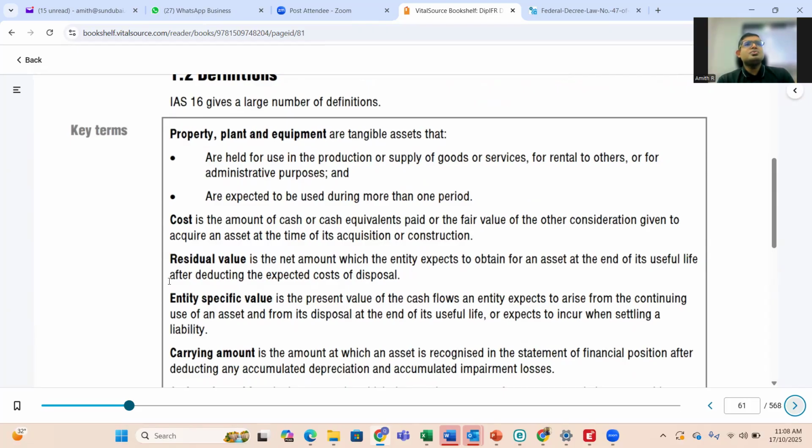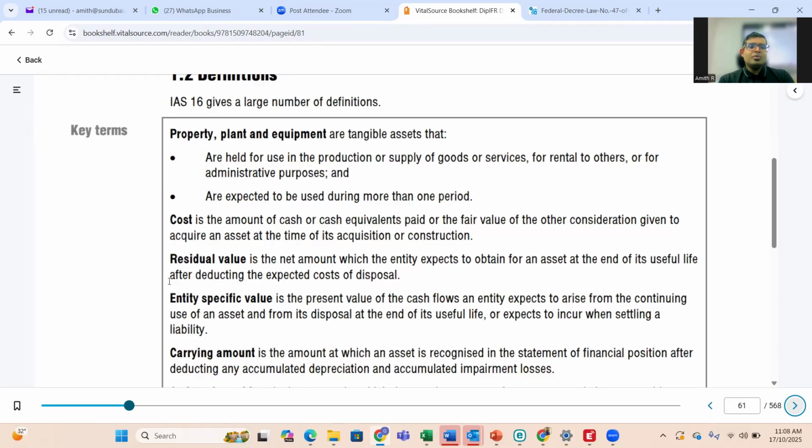At the end of its useful life, if it has a market where I can still sell it, the scrap value, that is called the residual value. A residual value is the net amount which the entity expects to obtain for an asset at the end of its useful life after deducting the expected costs of disposal. You have to deduct the disposal cost also. So let's say that I have to carry this old asset to another premises. Then fair value minus that would be the residual value.